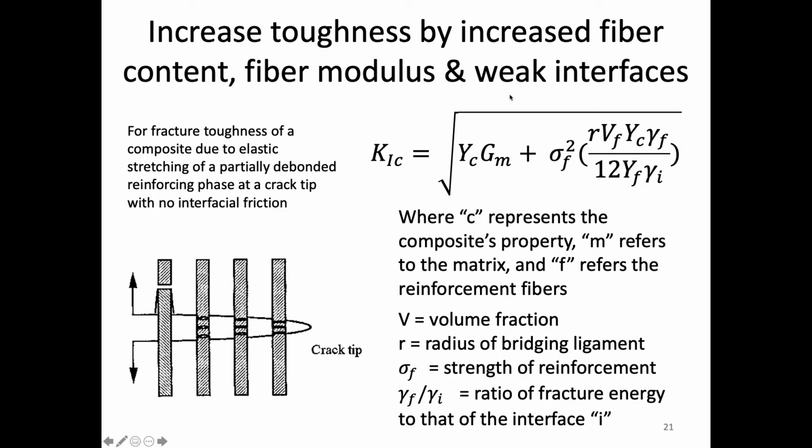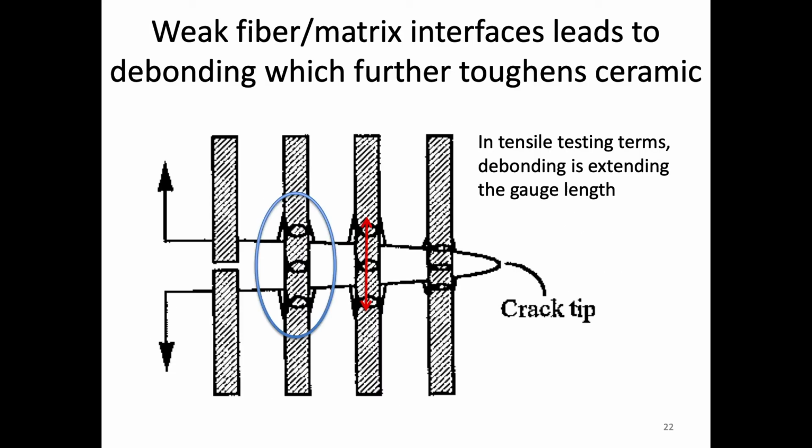So this is the one that's kind of not as obvious, but we can actually increase the toughness if we weaken the interface between the fiber and the matrix. So the interface holding these two materials together. And so that would be sort of partially debonded in a case here. So that's one that doesn't necessarily make sense right off the bat. So we'll talk about this in a second here.